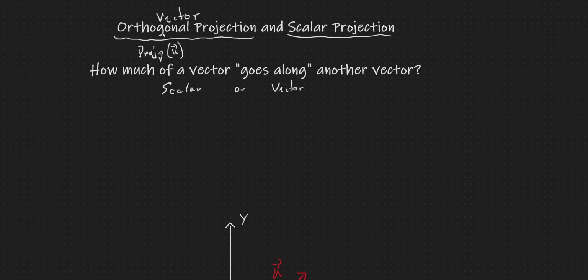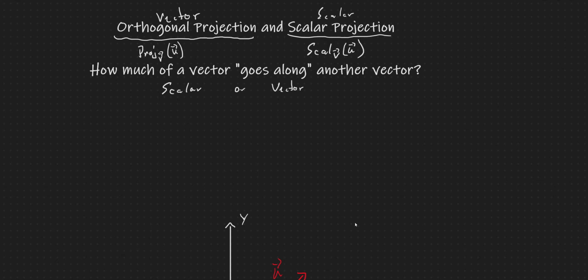So how much does a vector go along another one? We call this the scalar projection of u onto v. And this is going to be the magnitude of the projection. So this is a vector, this is a scalar, and this is the magnitude of the projection.